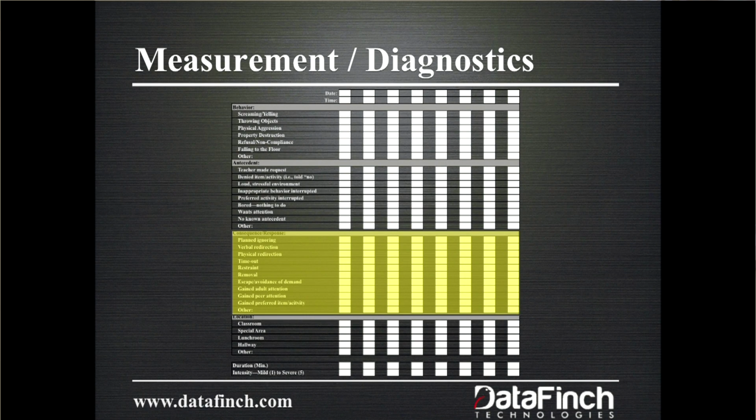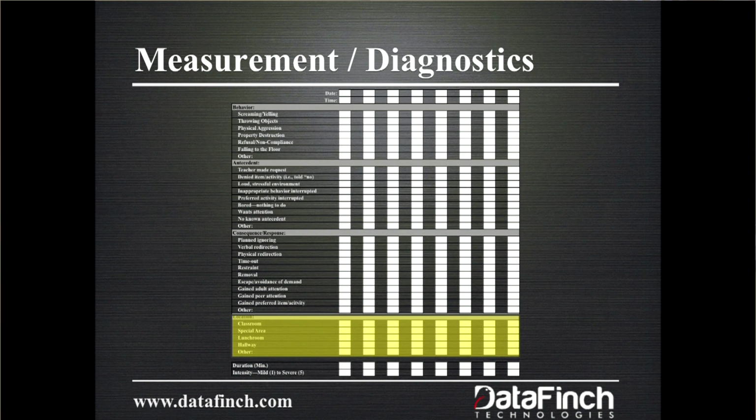Certainly these might be things that I did in response to the behavior, but they can also just include outcomes. Things that this student seemed to get out of a particular behavior. And then this section includes location.